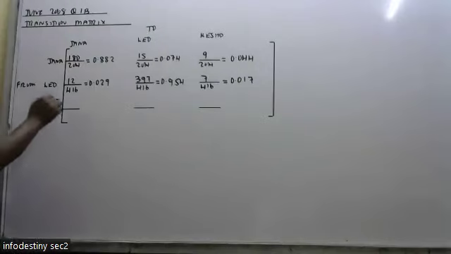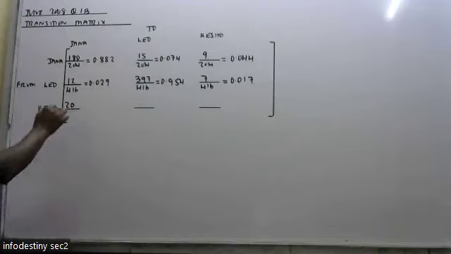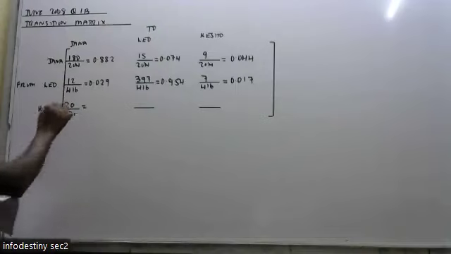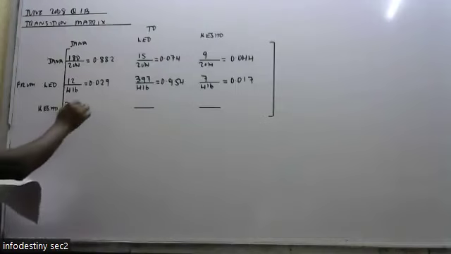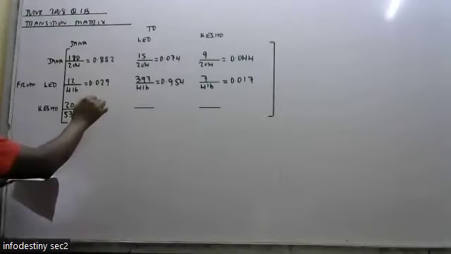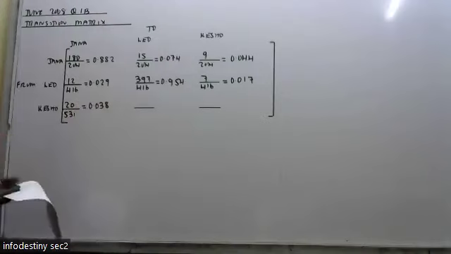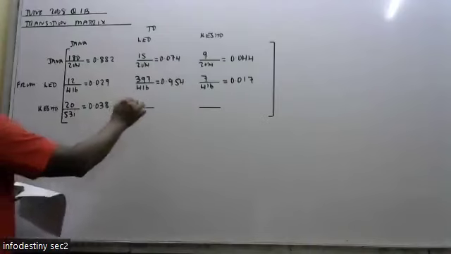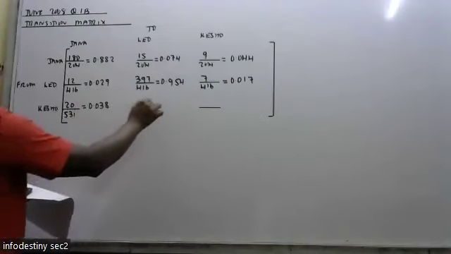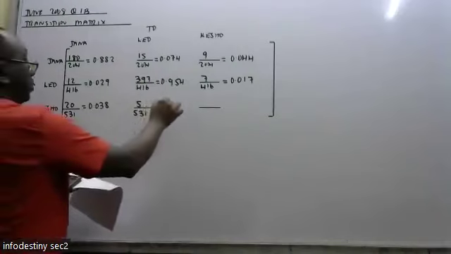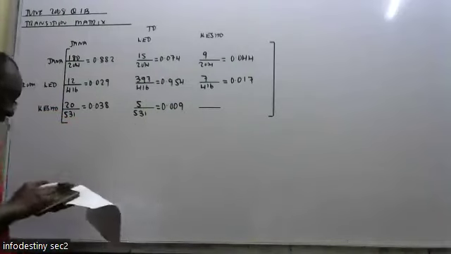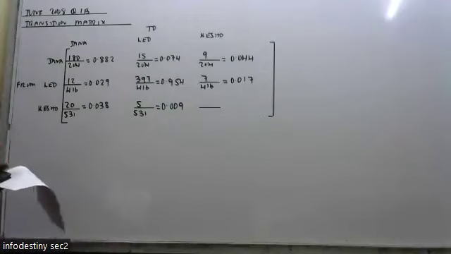We argue the same way here. This is 20 against 521. So 20 divided by 521 is 0.038. We lost 5 against 521. So 5 divided by 521 is 0.009. Then how many did we retain? 521 minus 20 minus 5.